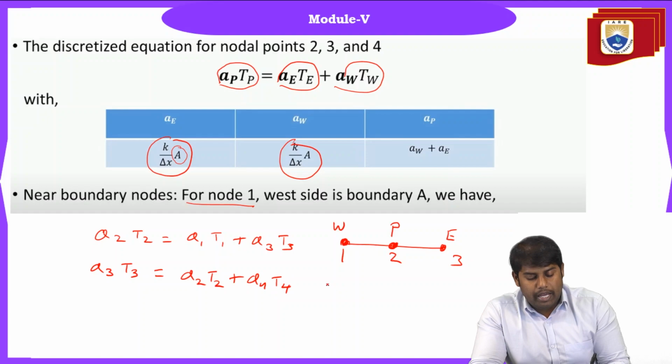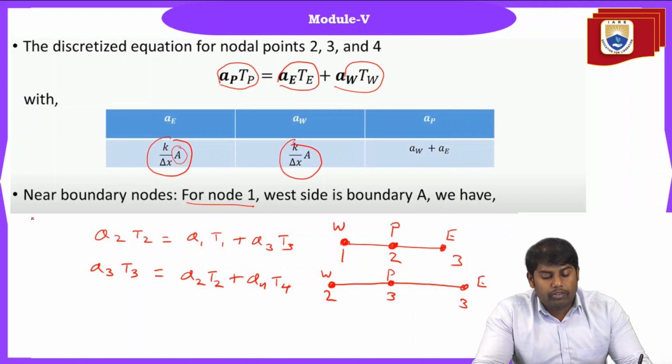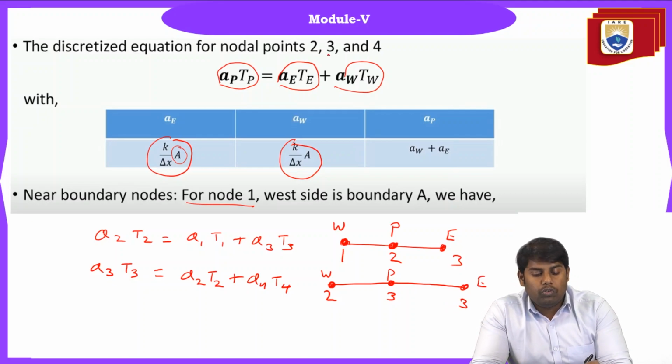Here the diagram changes: 3 is the point of interest P, 2 is the west node and 4 is the east node.